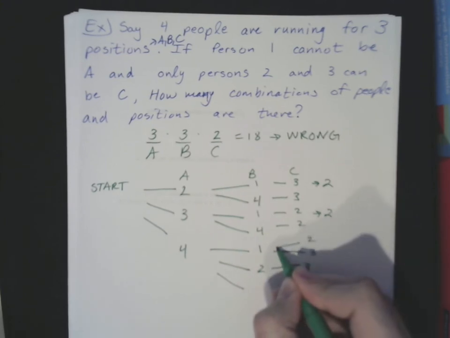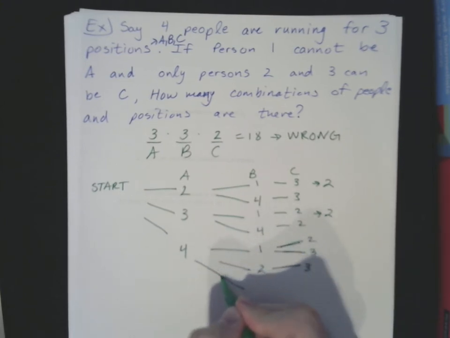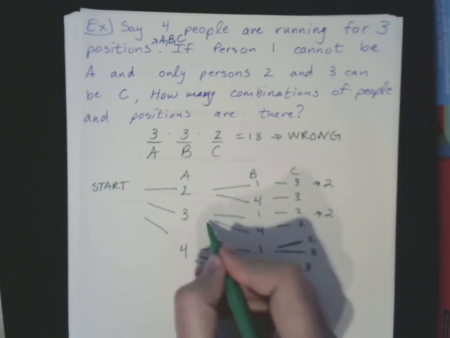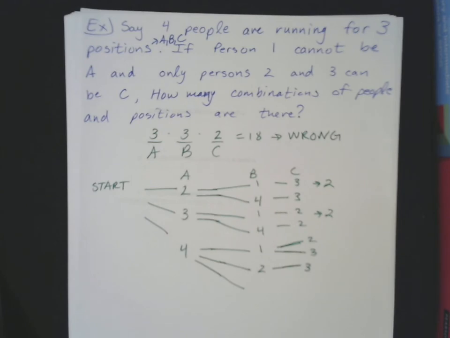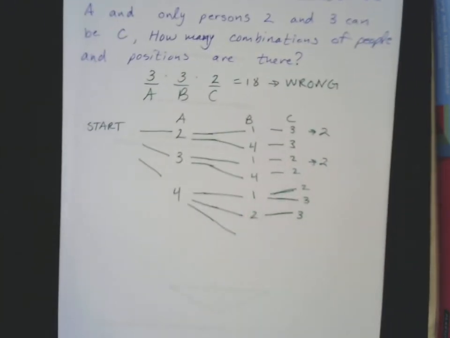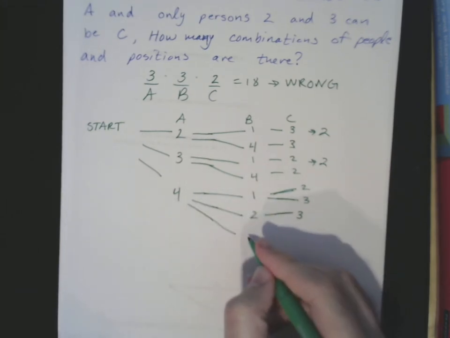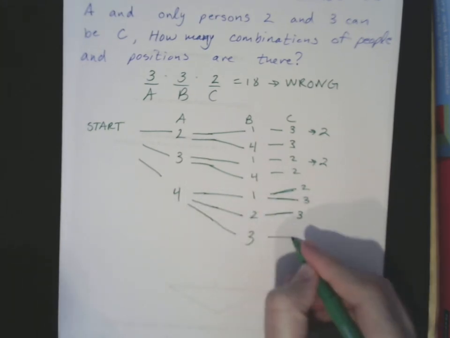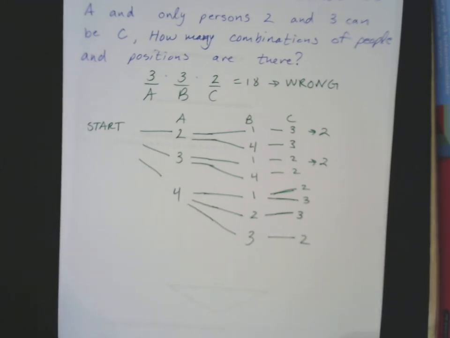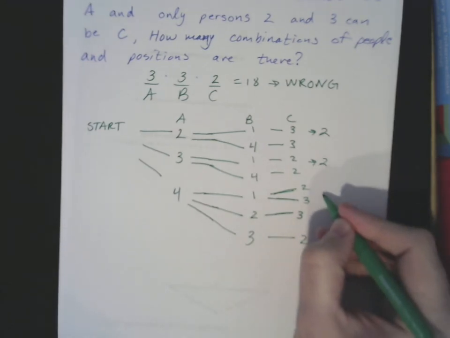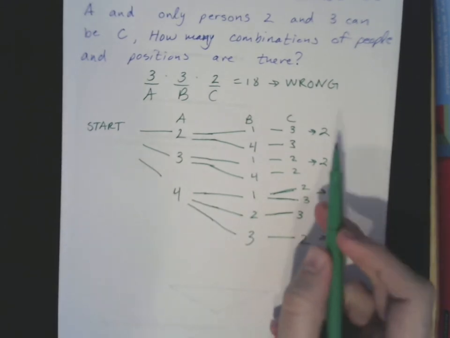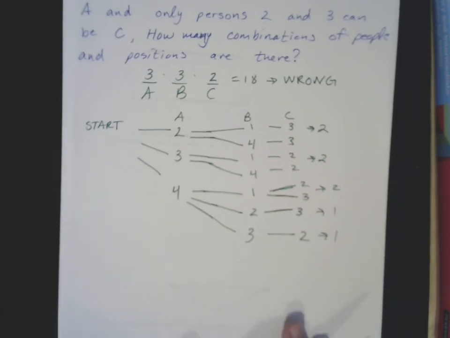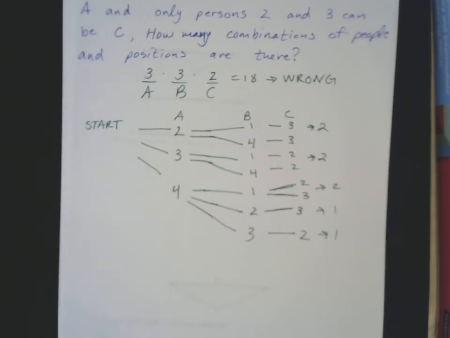Make these lines a little more obvious where they're coming from. And then our last choice that we could make if 4 fills position A is if 3 is here, and then the only choice is 2. So we have 2 choices here, then 1, then 1.